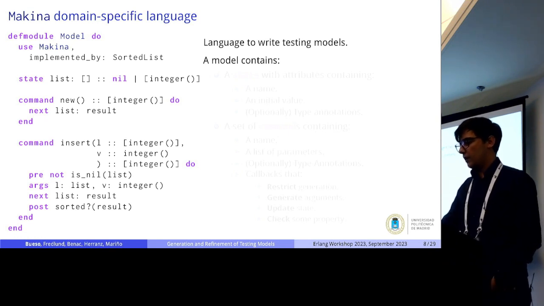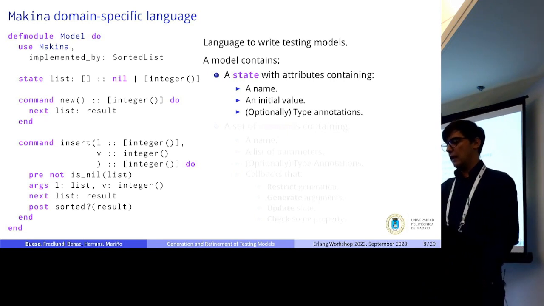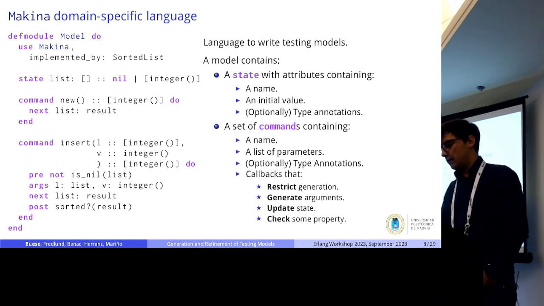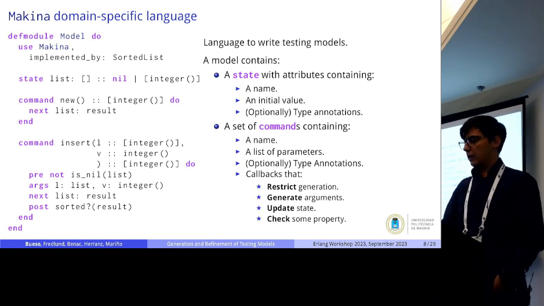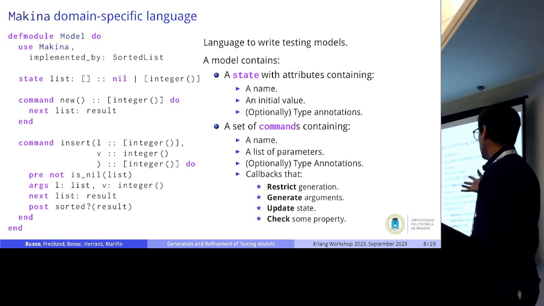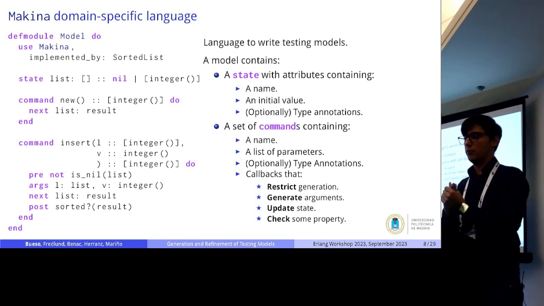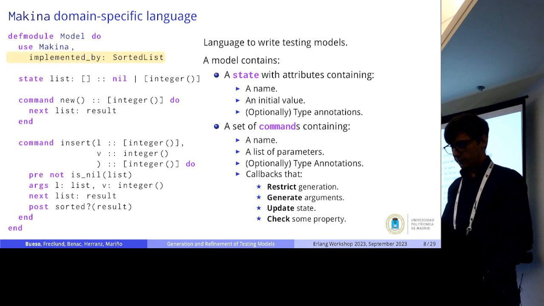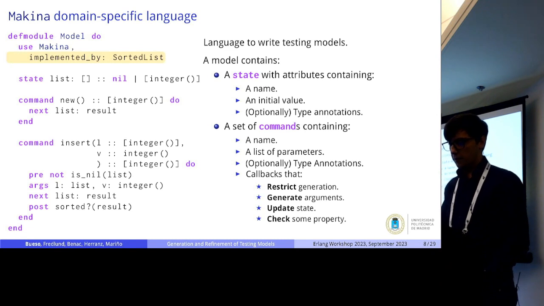In Makina, a model consists of two things, basically a state that has some attributes which contain a name, an initial value, optionally some type annotations, and a set of commands where each command has a name, a list of parameters, also optionally type annotations, and some callbacks that restrict the generation, tell us how to generate some arguments, and deal with how to update the state of the model and how to check some property. So here I have an example of a model in which we tell which program we are going to test by using implemented by, which is an option in Makina.